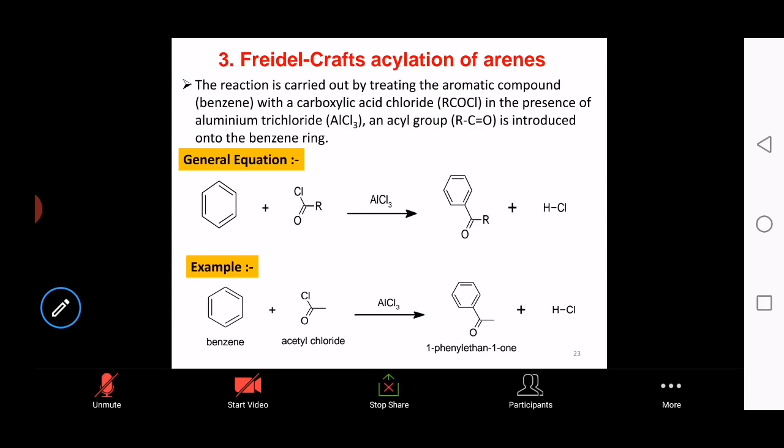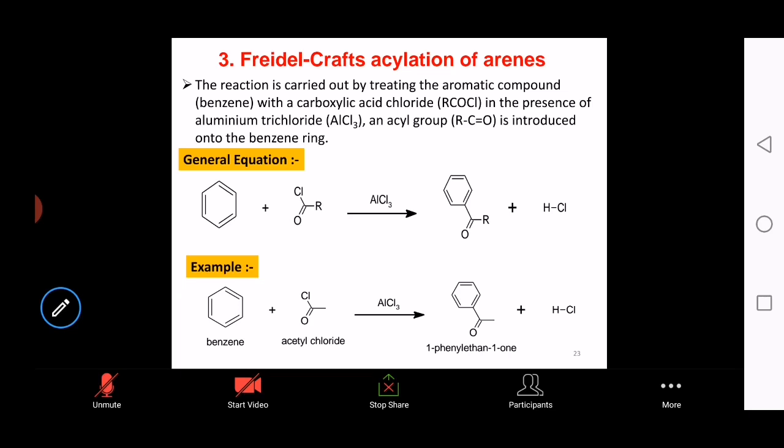So boleh tengok dia kata the reaction is carried out by treating the aromatic compound benzene with a carboxylic acid chloride, RC double bond O Cl, in the presence of aluminium trichloride as a catalyst, and acyl group RC double bond O is introduced onto the benzene ring. Okay, so part acyl C double bond O tu dia akan masuk kepada you punya benzene.